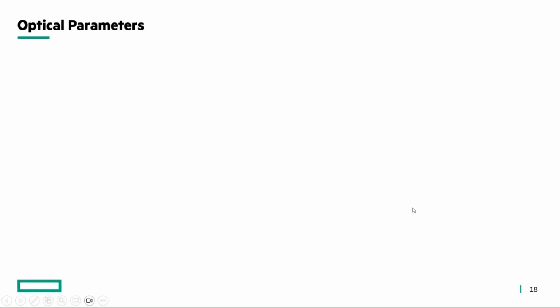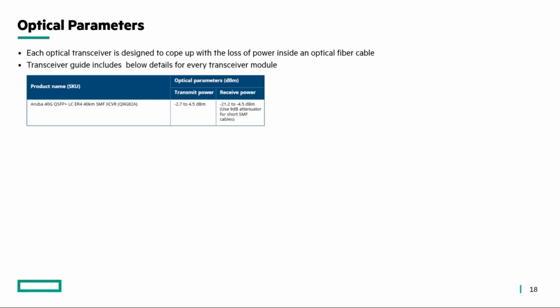Let's now talk about the optical parameters that are associated with your transceiver modules. Before coming to the exact topic, I just want to mention that each optical transceiver is designed to cope with the loss of power inside an optical fiber cable. When you are transferring your data through a transmission medium, which in this case is fiber cable, it is supposed to lose certain power inside it, and that's how our transceiver modules are designed to cope with that loss.